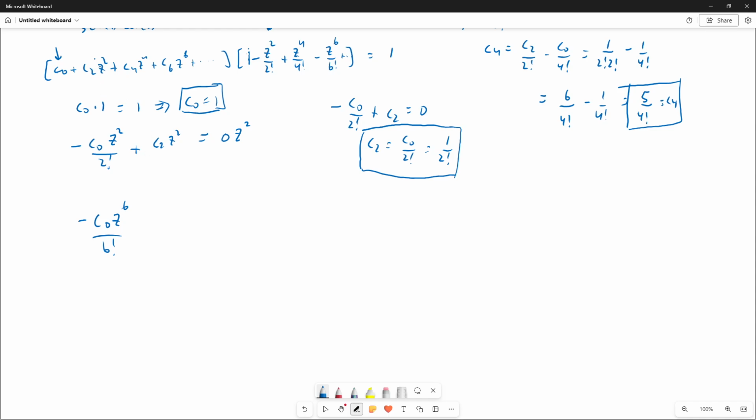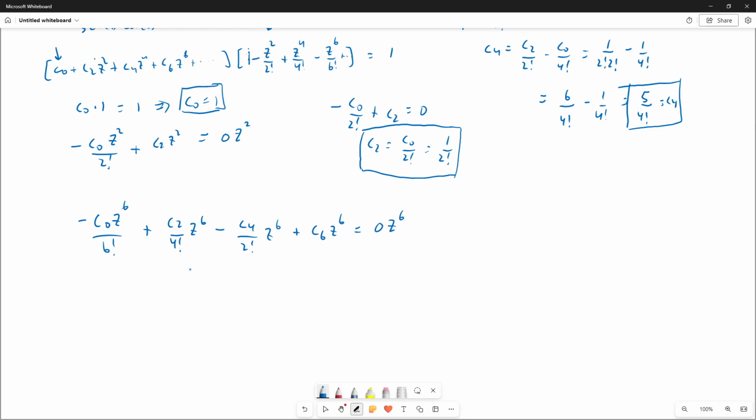And then a 2 and a 4 is going to be plus C2 over 4 factorial times z to the 6. And then a 4 and a 2 is going to be minus C4 over 2 factorial times z to the 6. And then finally, it's going to be plus C6 z to the 6th. And this is equal to 0 z to the 6th.